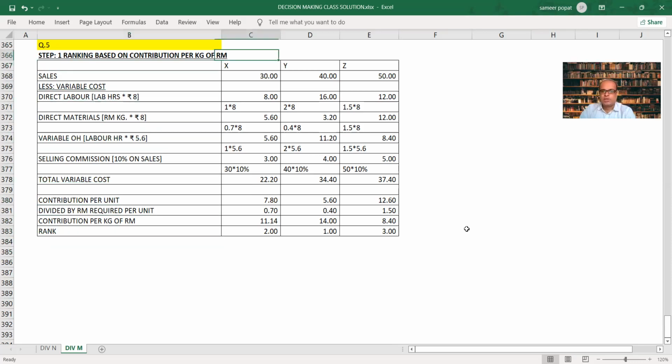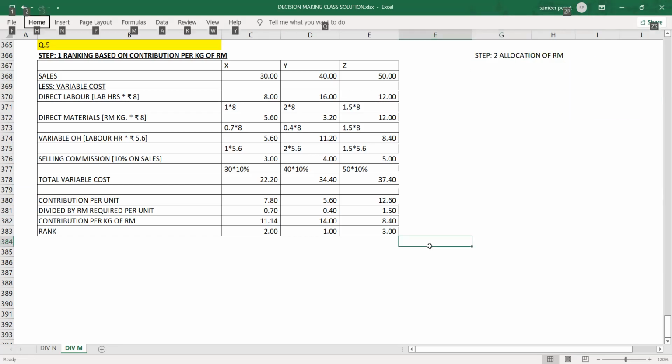Now, let us move to the second step, that is allocation of raw material.